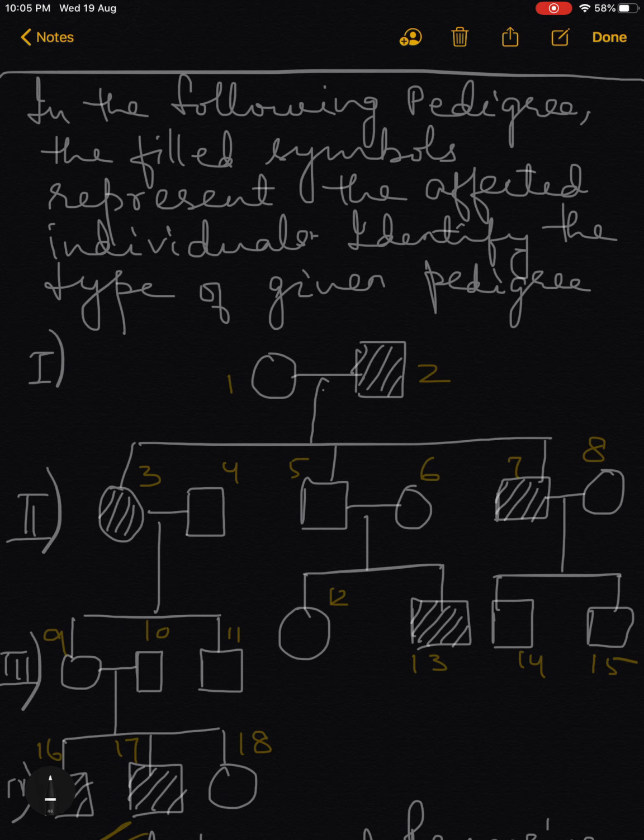You have to see whether it is skipping the generations or not. If generations are skipped, that means it is recessive. And if the generations are not skipped, then it is dominant.